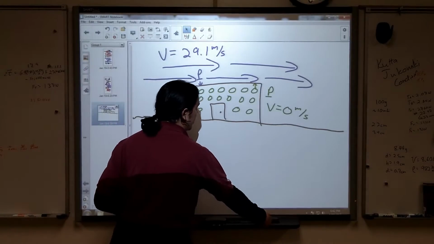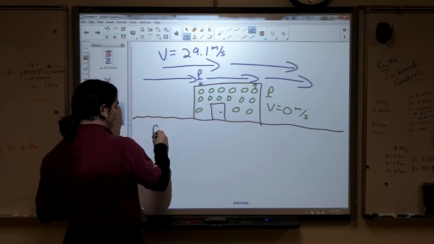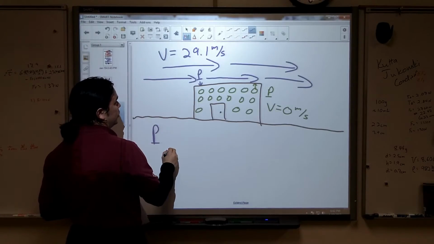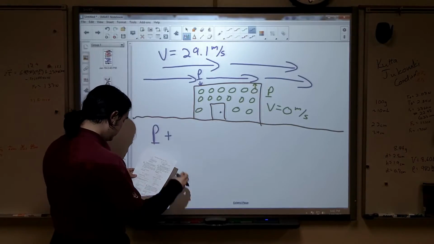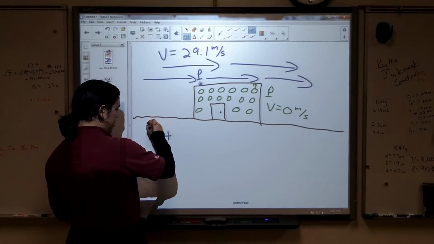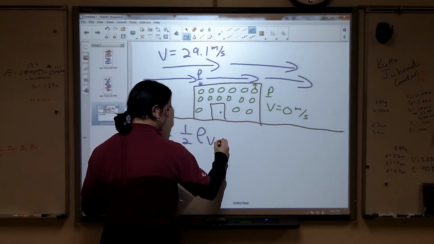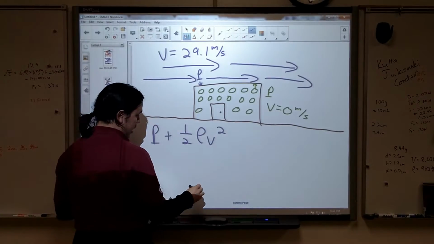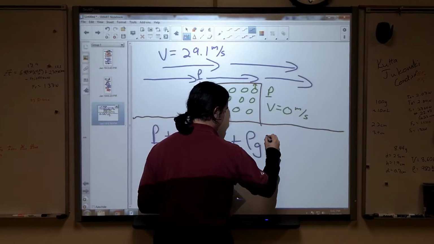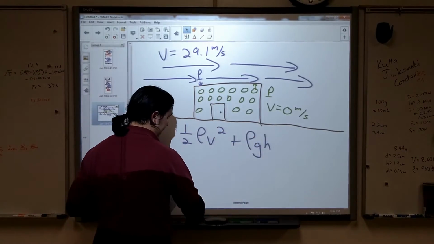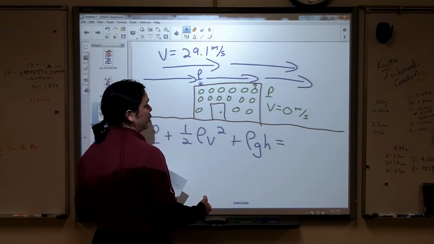All right, well, Bernoulli's equation says that we've got some relationship between these flows, so I'm going to have the pressure in the blue area plus, so Bernoulli's is the fluid pressure plus the dynamic pressure plus the hydrostatic pressure, and we say that that is equal to a constant for related flow fields.